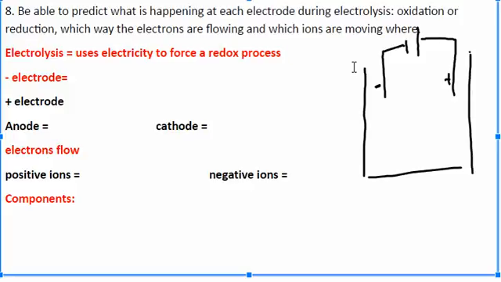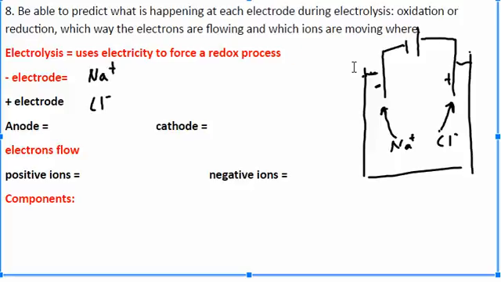So at the negative side then, if I have NaCl in here, it'll be molten or liquid, which will be the same effect as if it were aqueous. It means that the Na and Cl ions are separate and able to move on their own. And so when I look at this, it's easy for me to realize the Na is going to be attracted to the minus and the Cl is going to be attracted to the plus. So at the negative electrode, I've got Na+. At the positive electrode, I've got Cl-.